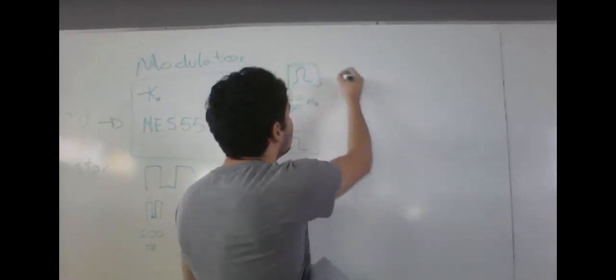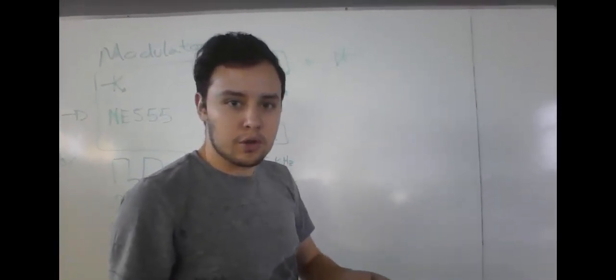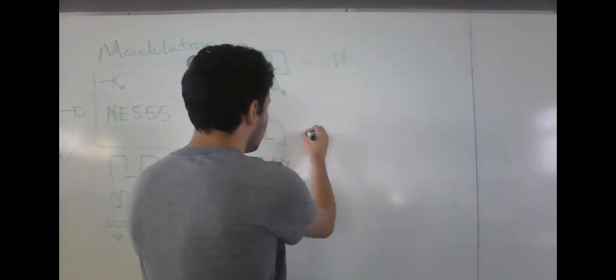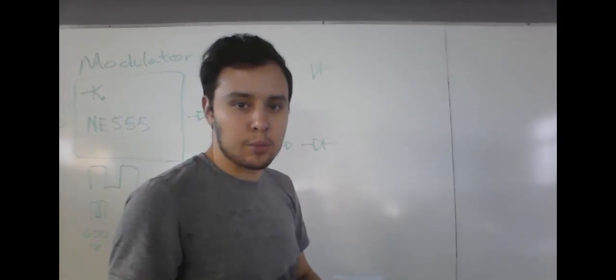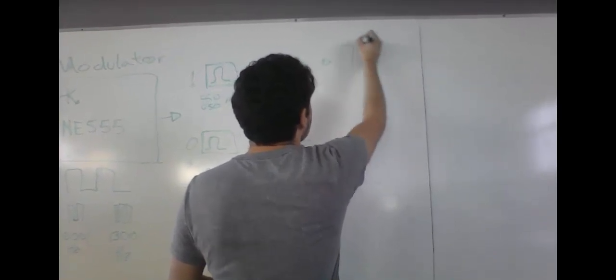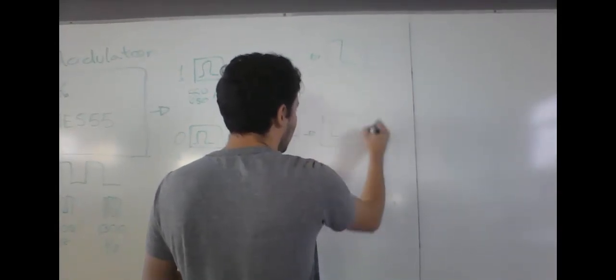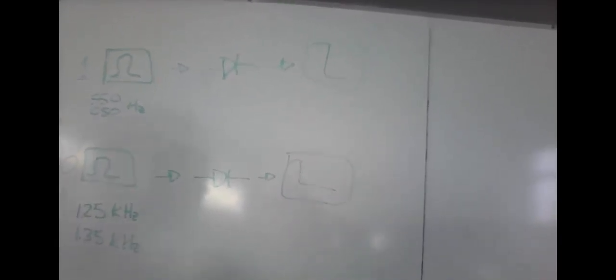Then we apply a diode that functions as a half-cycle rectifier, also a diode here. Then we apply a low pass filter, where we check the cutoff frequency for the frequency at which we are sending the data.